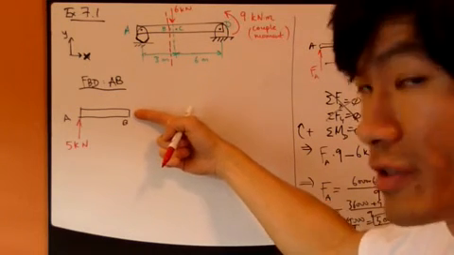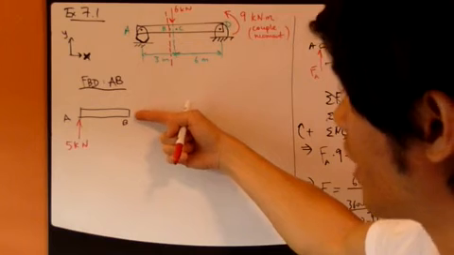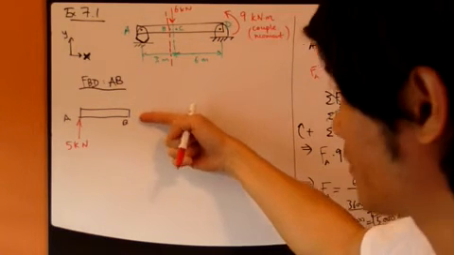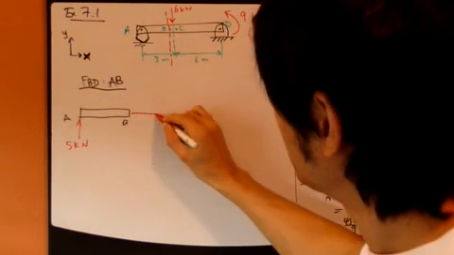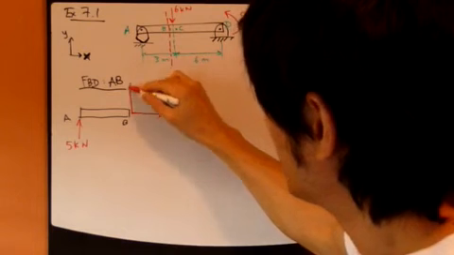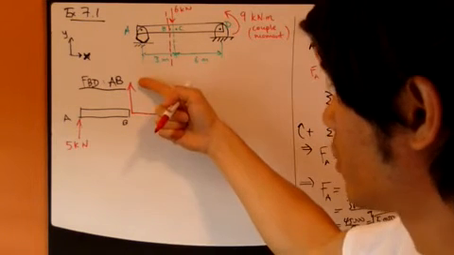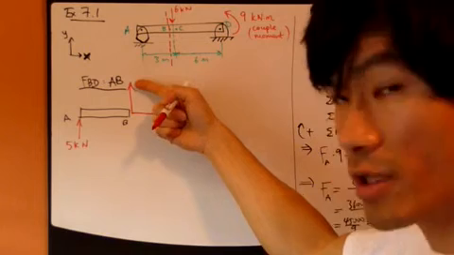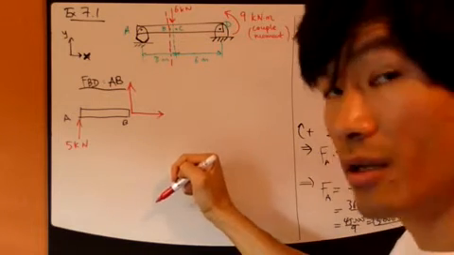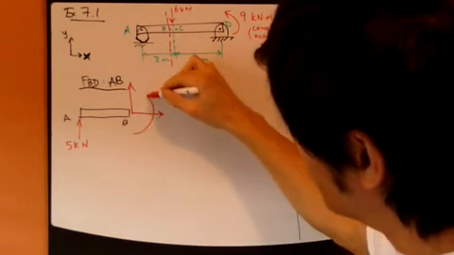Now, from previous discussion, you do know that there's 3 things going on at B. You have these forces, the normal force, the axial force, the shear force, right, and the moment.